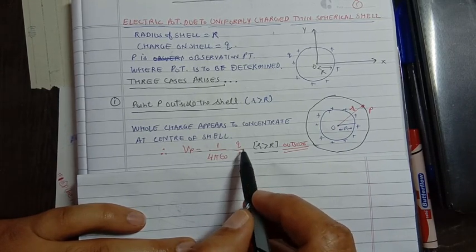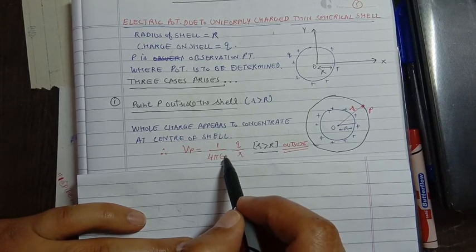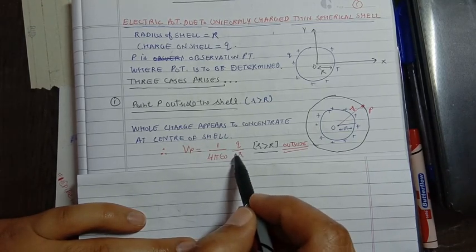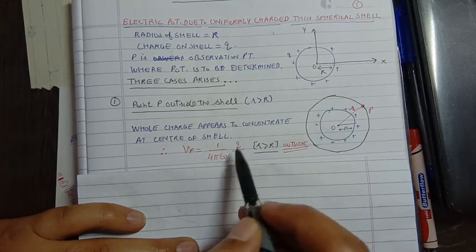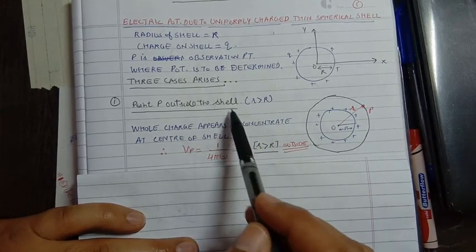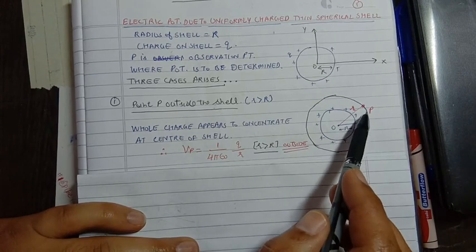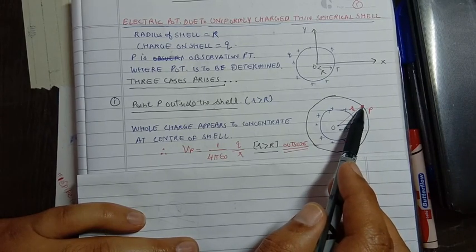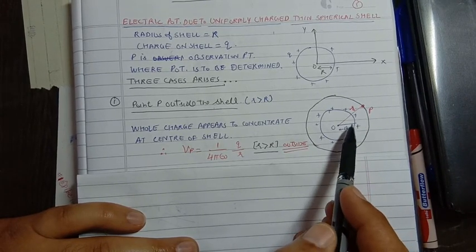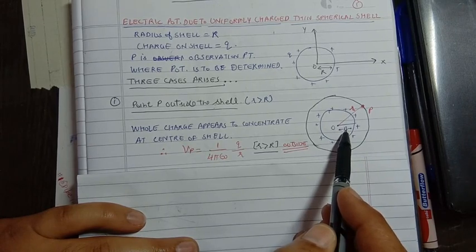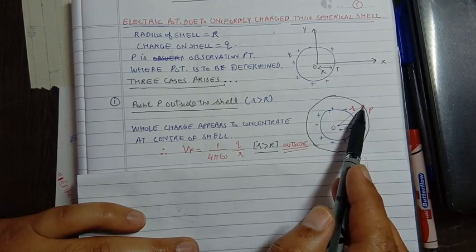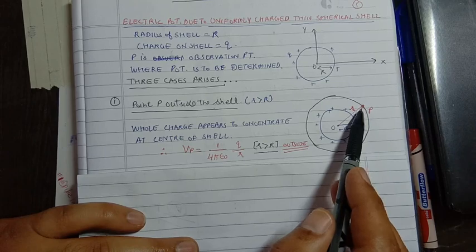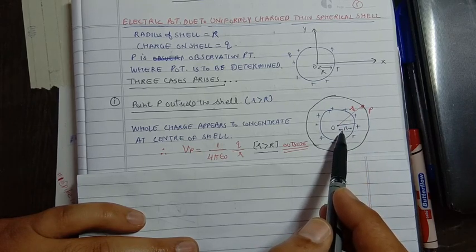You can see that this is nothing but the expression for electric potential due to a single point charge. Why have we used this expression in case of a thin spherical shell? The reason is that when the observation point P lies at a distance greater than the radius of the shell, then from the observation point, the whole of the shell will appear to be a body of very small size.